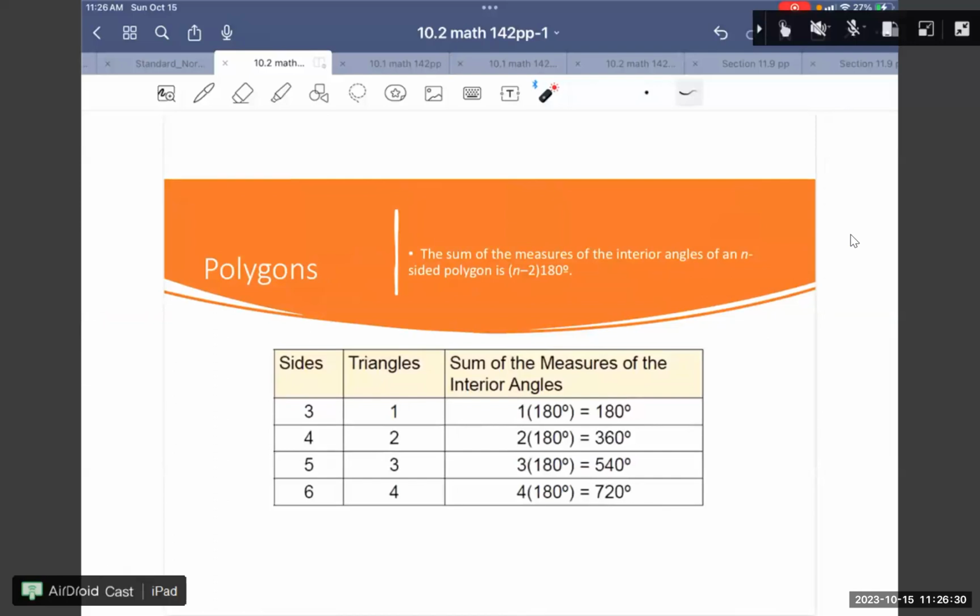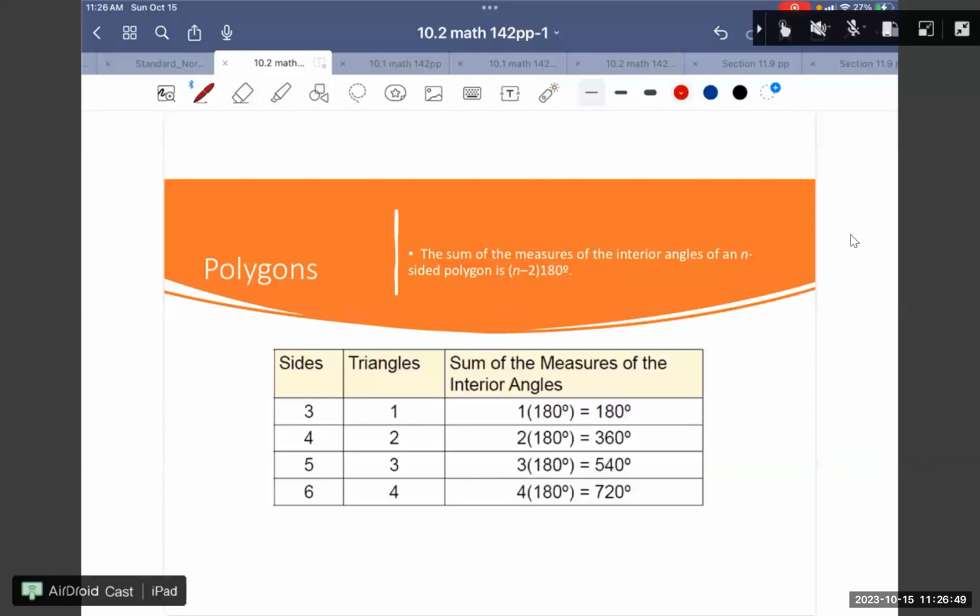The sum of the measures of the interior angles of an n-sided polygon is n minus 2 times 180.